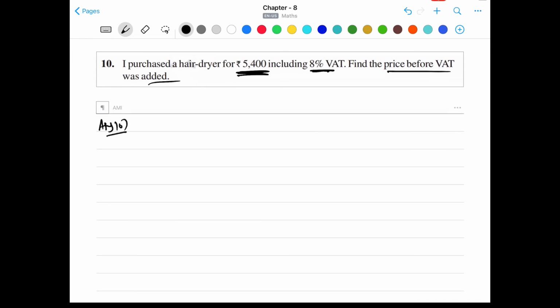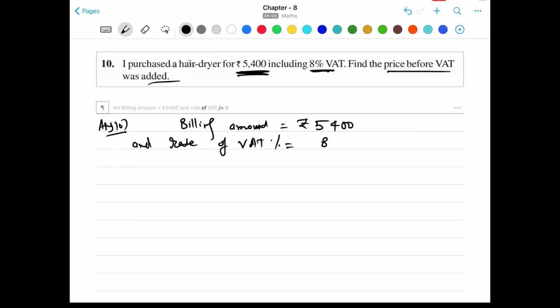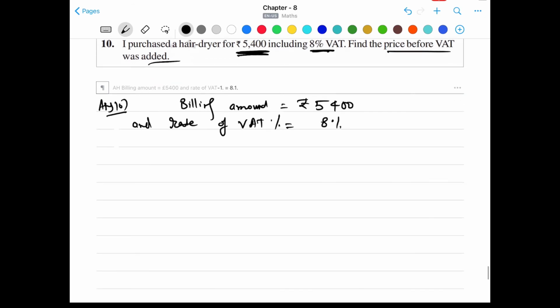The billing amount is 5400 rupees. And the rate of tax, the rate of VAT, value added tax, is 8%, which means this 8% tax is paid on the marked price.